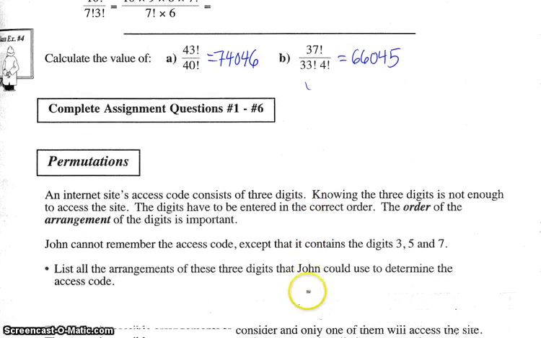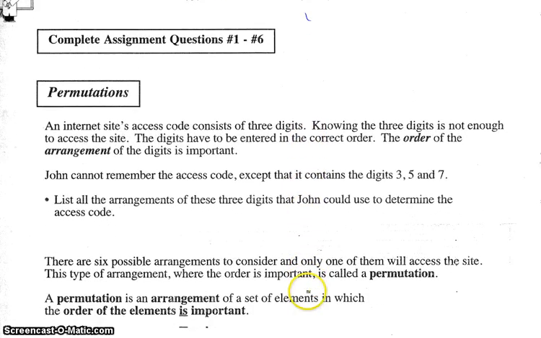We're going to talk about the word permutation now. You've actually been doing permutations already in lesson 1, but we were using the fundamental counting principle to do it. Really, a permutation is an arrangement of a set of elements in which the order of the elements is important. So basically when you hear permutation, you should think order is important.